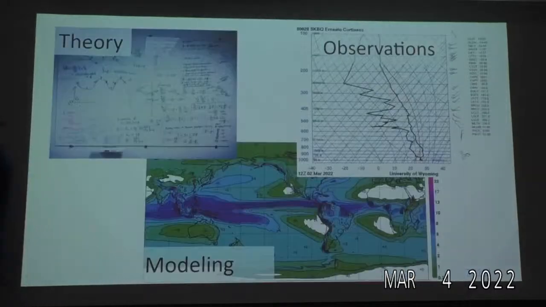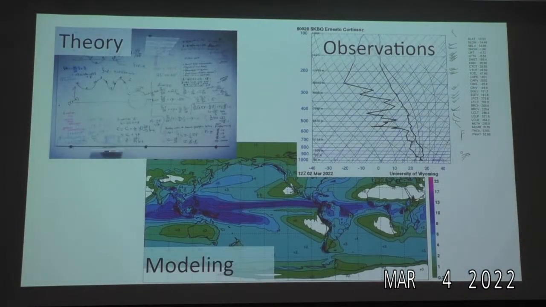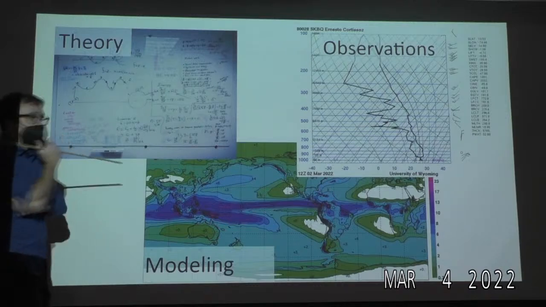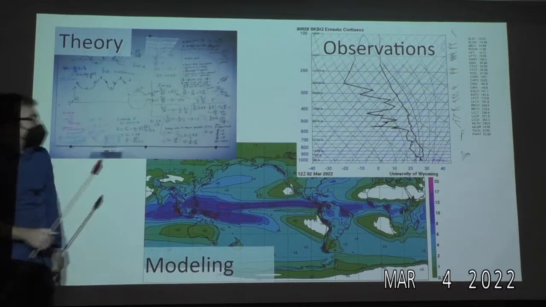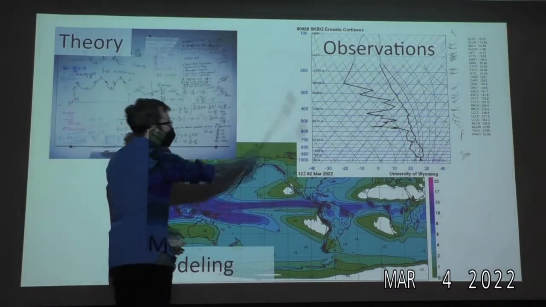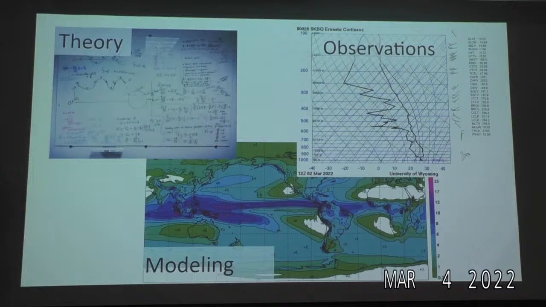So next slide. This is a summary of what my group does. We combine a bit of theory, observations, and modeling. I don't run the model. I'm almost analphabetic when it comes to running models, but I look at what other people run. But we do theory and observations. In fact, my postdoc Victor is observations supreme.